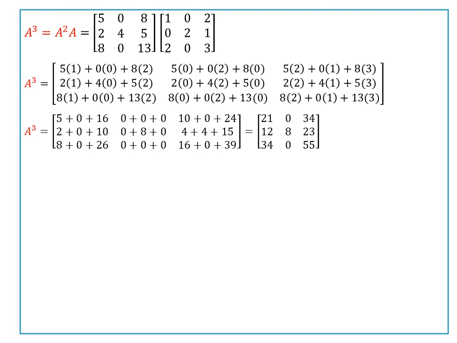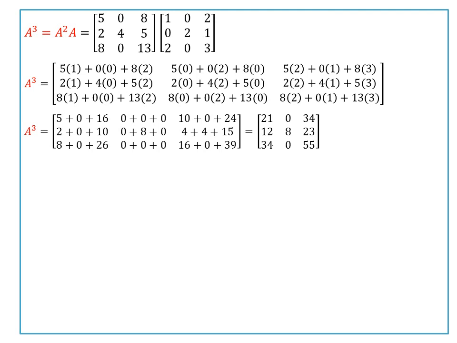Then A cube is equal to [5+0+16, 0+0+0, 10+0+24; 2+0+10, 0+8+0, 4+4+15; 8+0+26, 0+0+0, 16+0+39], that is equal to [21, 0, 34; 12, 8, 23; 34, 0, 55].